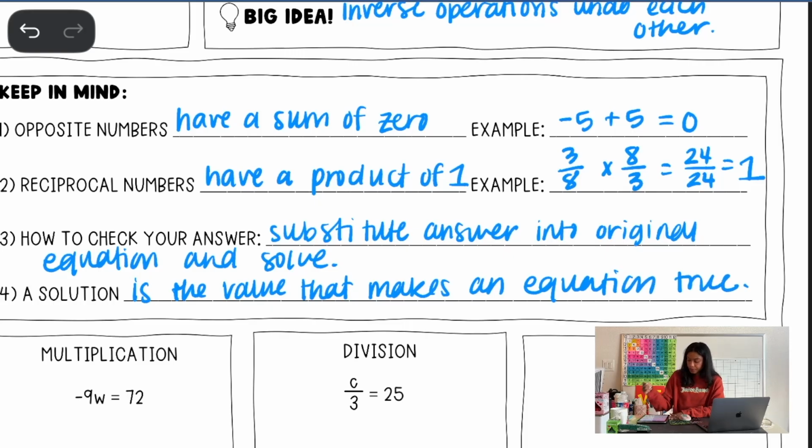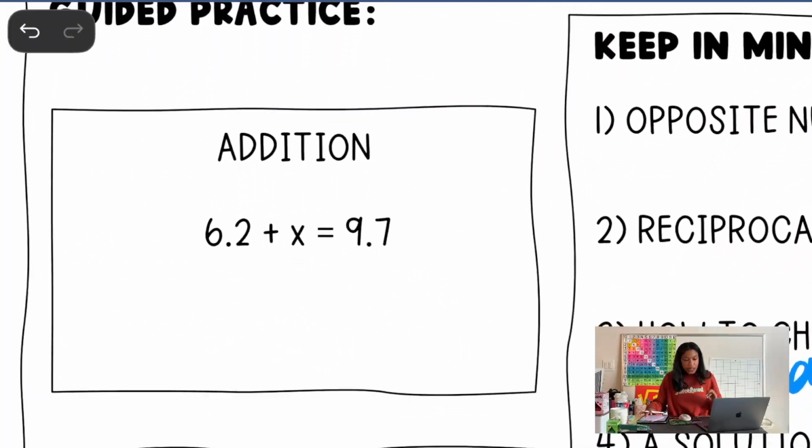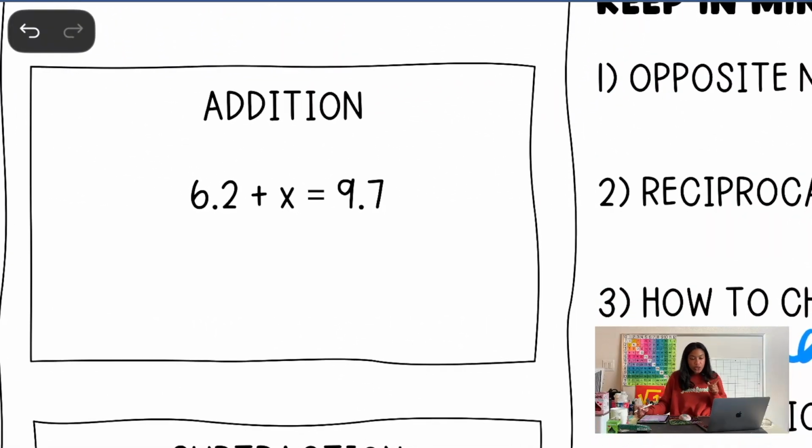All right. Now that we have that in mind, let's take a look at some of our examples in our guided practice. So the first one is addition. When I named these by operation, I named the operation that you see. So notice that this is addition because the problem involves addition, right?